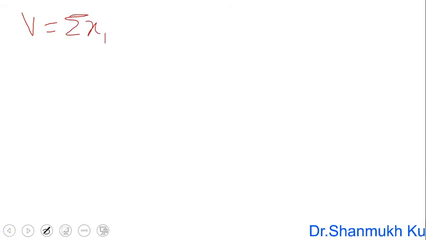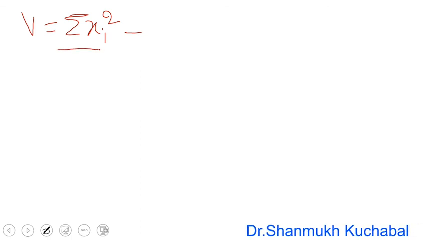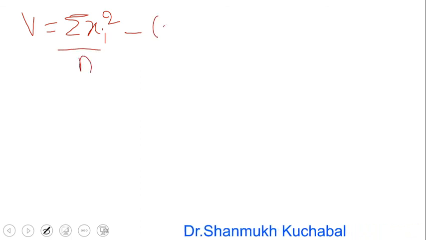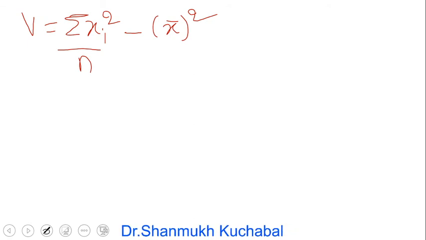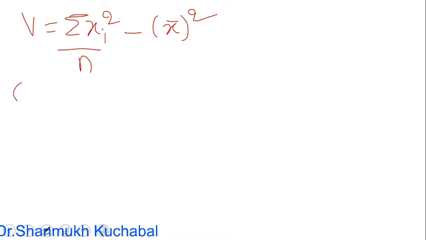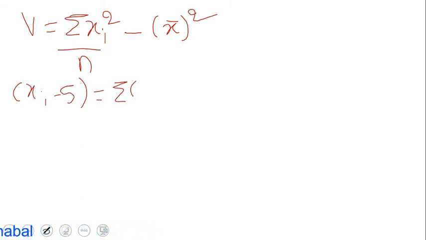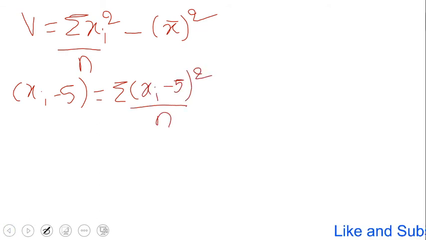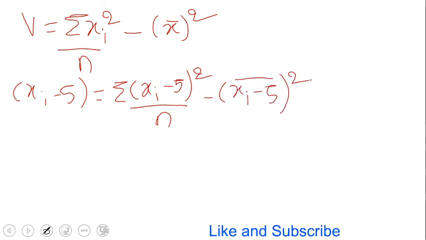Now we will find the variance. The variance formula is variance V equal to the summation of xi square divided by n minus mean square. Then for the variance of xi minus 5, everywhere x we have to replace it by xi minus 5, in this way. Here also xi minus 5 square.